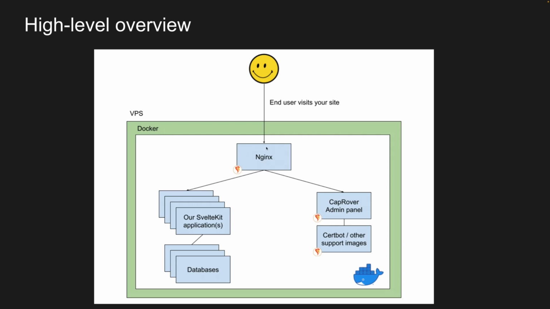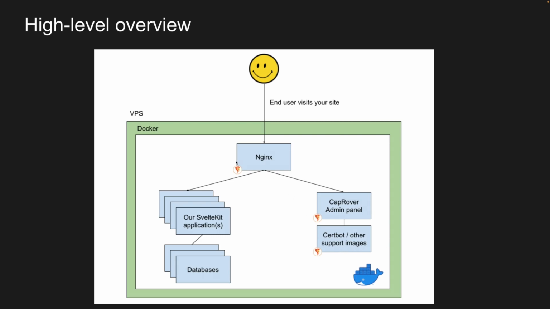One of those images is Nginx, and that will be used to route all the different applications you install, as well as route the CapRover admin panel. And this runs as a Docker image. Then CapRover also sets up a Docker image for its admin panel, as well as CertBot for automatic certificate management, and a few other images to make everything work.